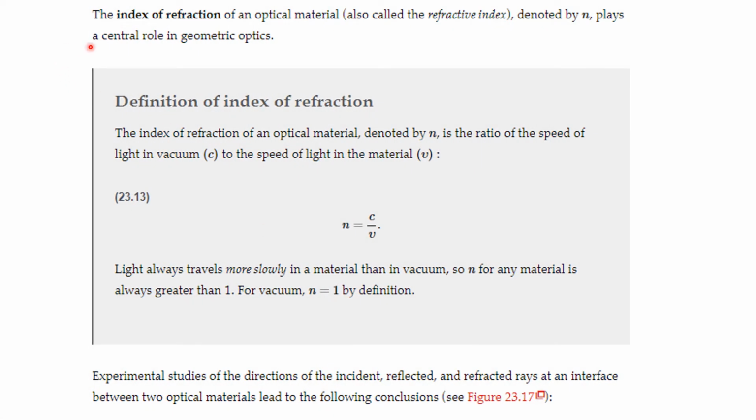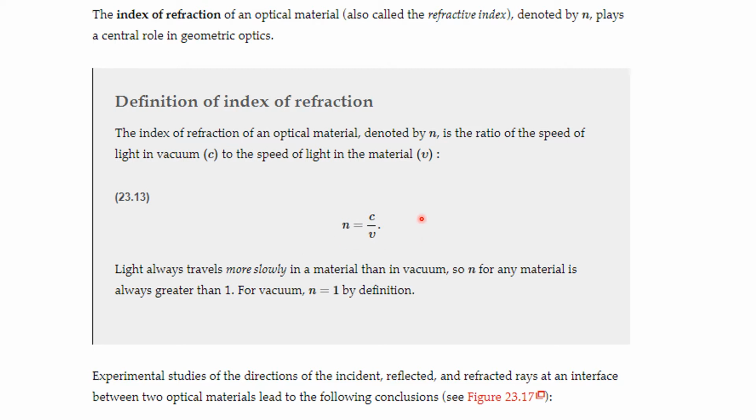We concluded the last video by defining the index of refraction, and we'll start this one by repeating that definition. The index of refraction of an optical material, denoted by n, is the ratio of the speed of light in a vacuum, c, which we knew was an upper bound on speeds, and in a vacuum this is a constant, to the speed of light in the material, v.